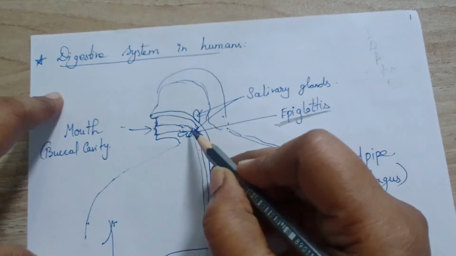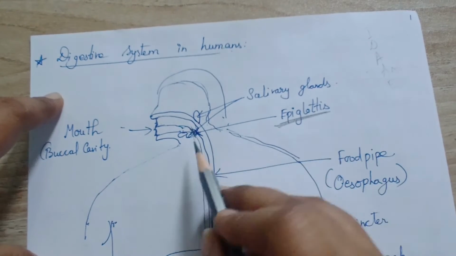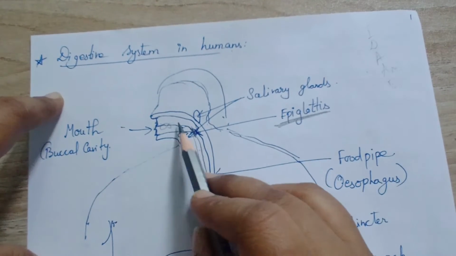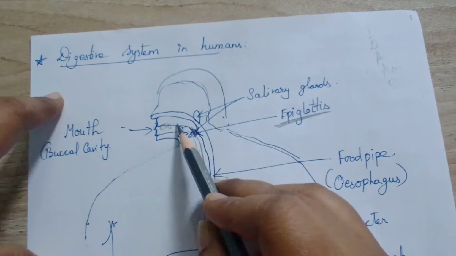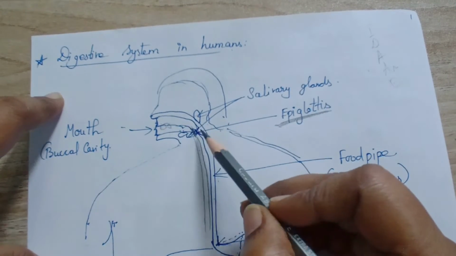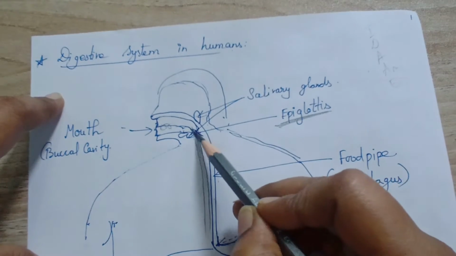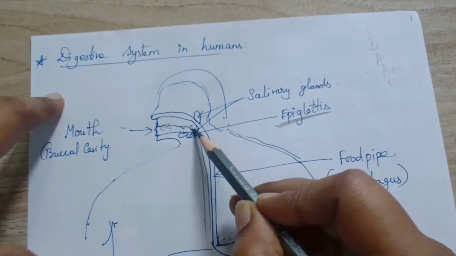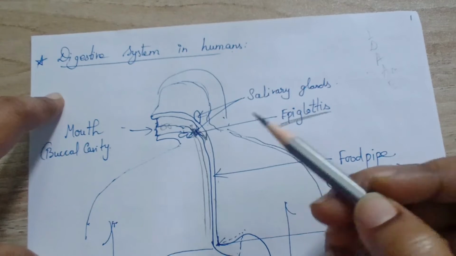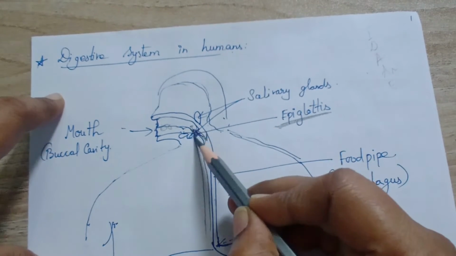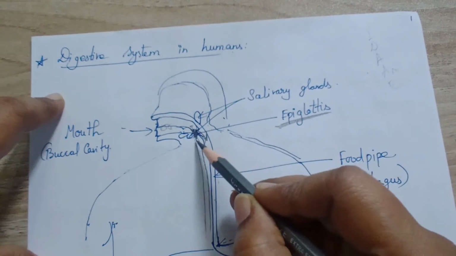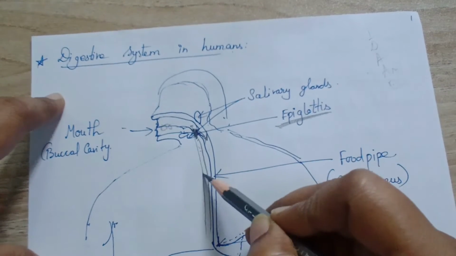So you will have an epiglottis here, so that when the food moves from the mouth to the food pipe, a valve is there. It allows the food to move into the food pipe directly. It will not allow the food to enter the windpipe.